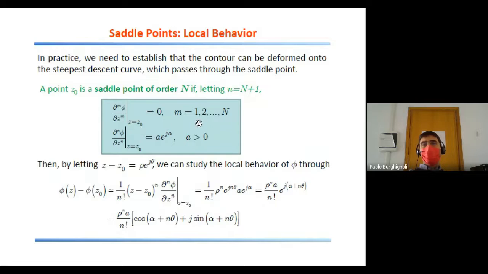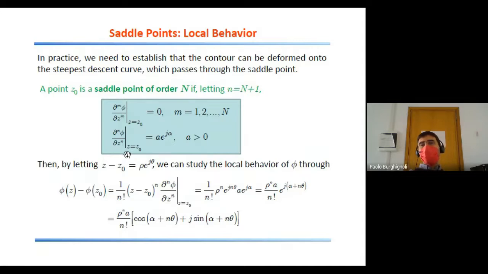So we have capital N derivatives which are 0 at that point, whereas the first non-zero derivative is that of order capital N plus 1, that is of order small n.